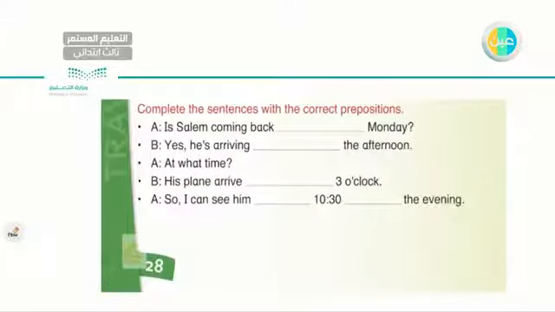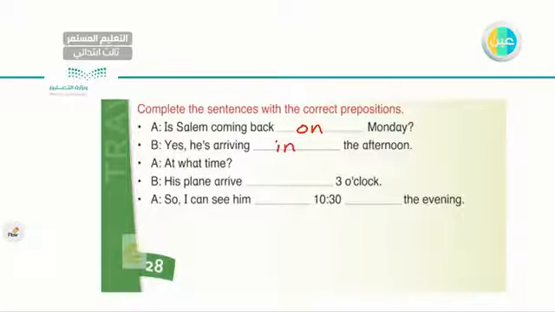Complete the sentences with the correct prepositions. Number 1. Is Salim coming back Monday? What do you think? Do I complete it with in, on, or at? On Monday. Very good. Yes, he's arriving in the afternoon. What do you think? In the afternoon. Very good.